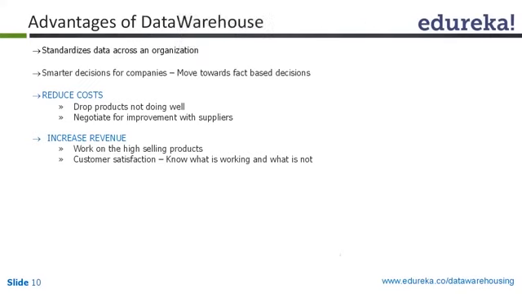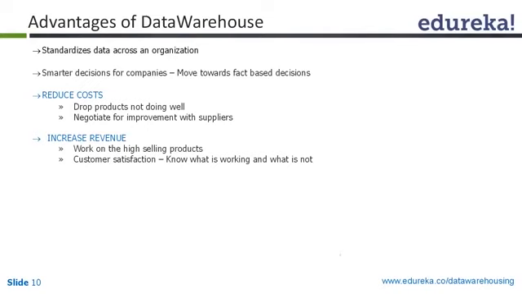Advantages of a data warehouse: standardizes data across an organization, smarter decisions, and as I said, I gave you examples of ATM, railways, supermarket chain, procurement, customer feedback, etc. All these things either are aimed at reducing costs or increasing revenue. Reducing costs, drop products that are not doing well. I took the example of a supermarket where you can put targeted ads and remove the products that are not doing well.